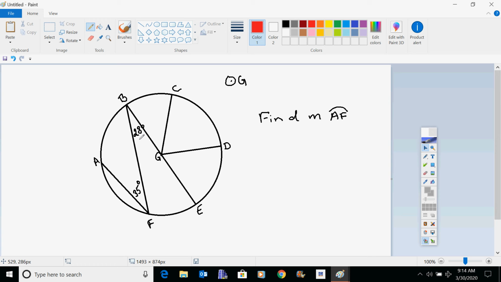We have this 28 degrees, and since it's an inscribed angle, it is half of the intercepted arc, so you'd need to take 28 times 2, which gives you 56. So this one will be 56 degrees. You need to take 35 times 2, and that's going to give you 70 degrees.